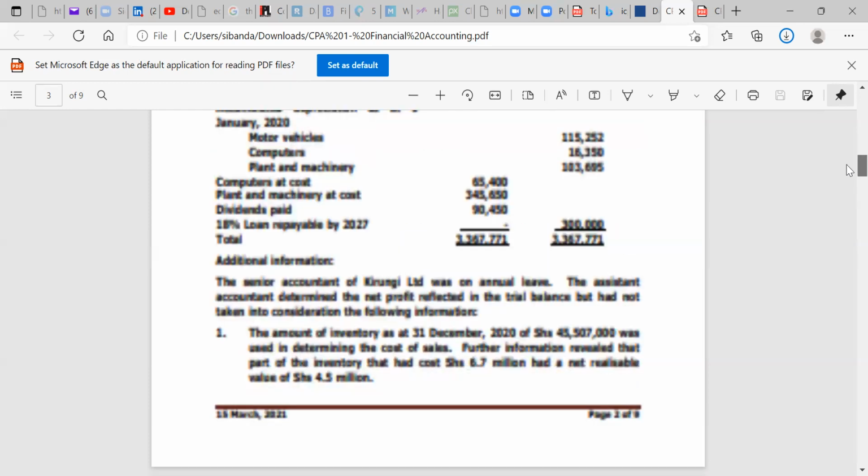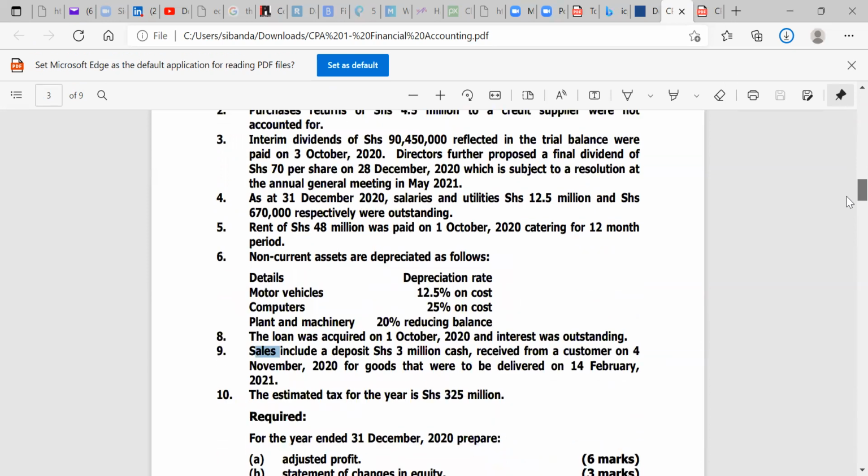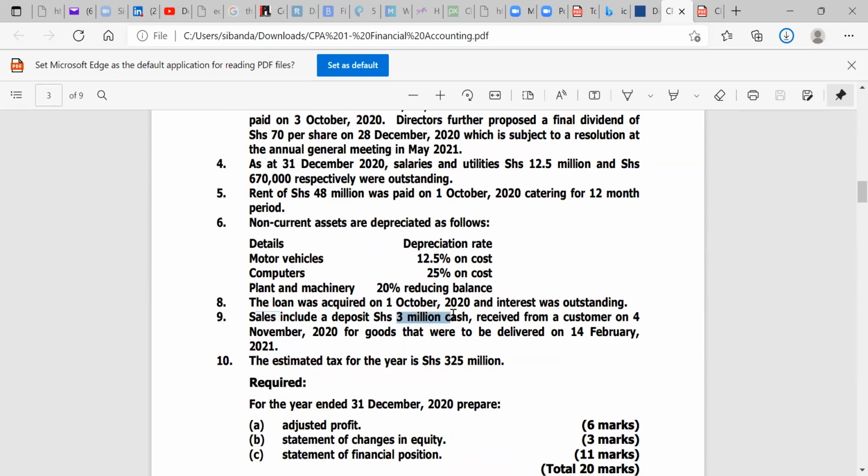The sales are already within the profit here. So this 3 million cash has to be excluded from your sales because it's a prepaid amount. Basically, you may not call it prepaid, you may call it income received in advance because you have received this income in advance from your customer.